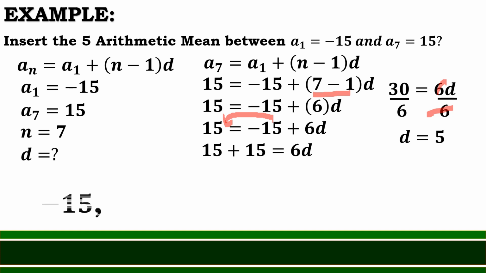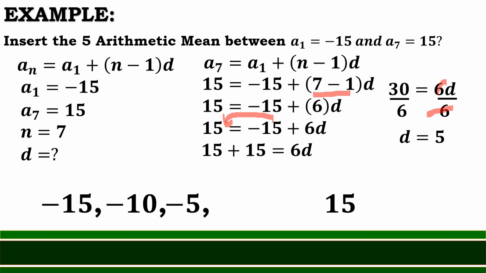So, dahil ang first term natin ay negative 15 at ang last term natin ay 15, para makuha natin yung second term, negative 15 plus 5. Dahil unlike sign sila, subtract natin, nakakuha tayo ng negative 10. Then negative 10 plus 5, unlike sign ulit, subtract natin, magkakaroon tayo ng negative 5.